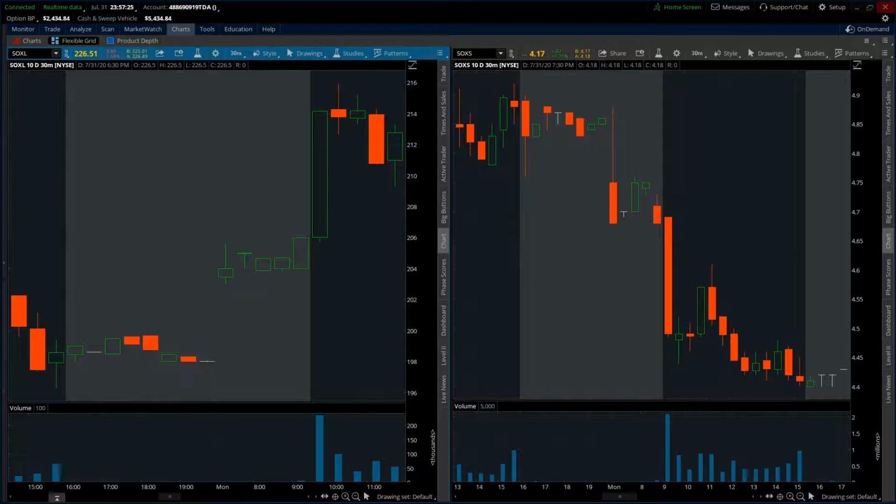Immediately I find out when this is at 210 right here. What was this one? 4.6. Oh, that was cheap. Next year, that 4.6 is gonna be under $1. They're gonna have to split it, merge it.